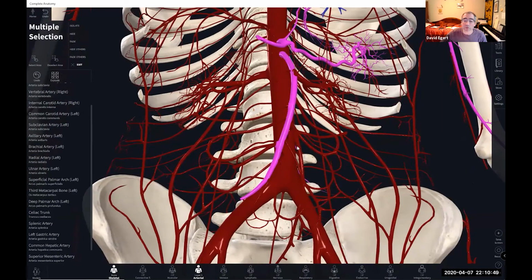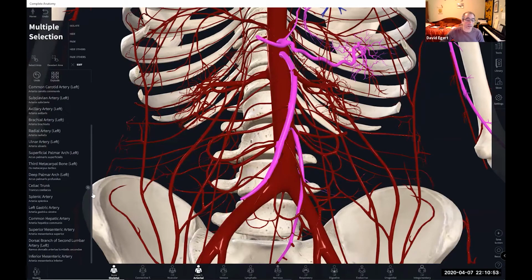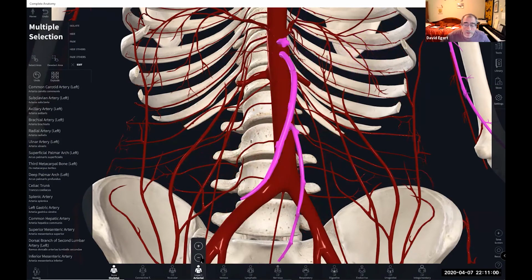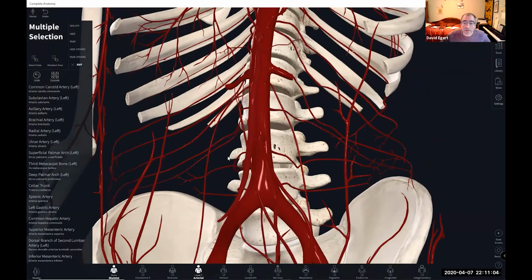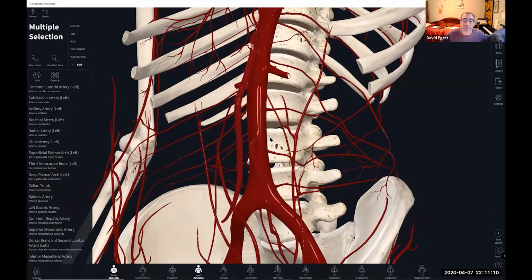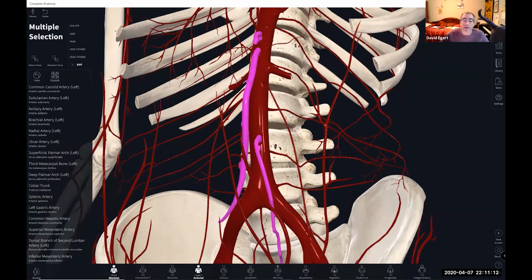Again, there's another one below that, the inferior mesenteric artery, which is also going to digestive organs. Wonder if you can see those a little better. Again, the celiac trunk, superior mesenteric, inferior mesenteric, all coming straight off of the aorta.